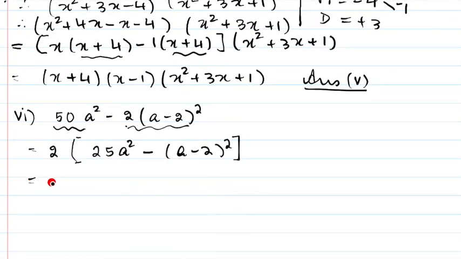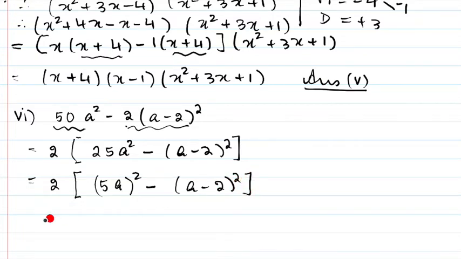That will give us 2, and here it will be 5a whole square minus a minus 2 whole square, correct?